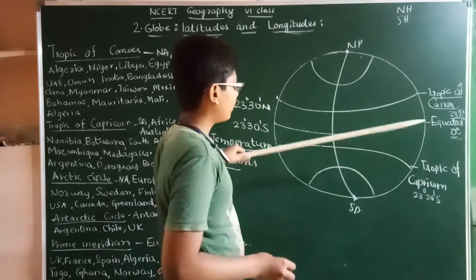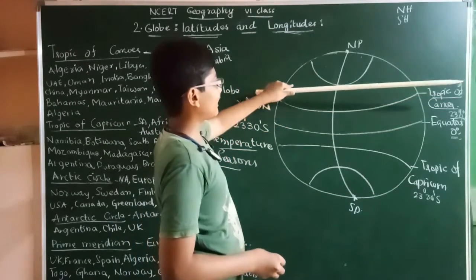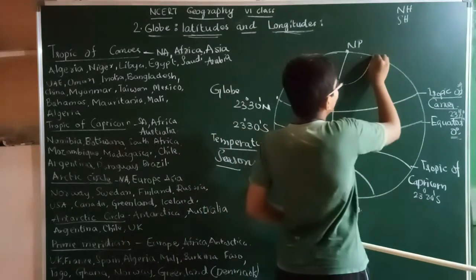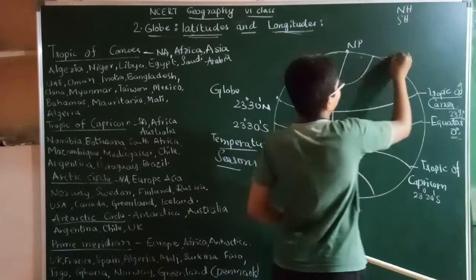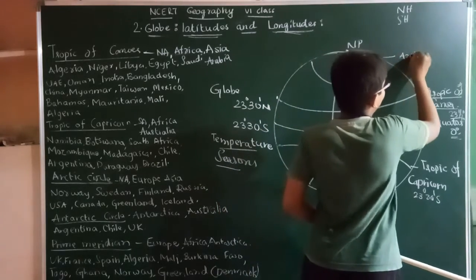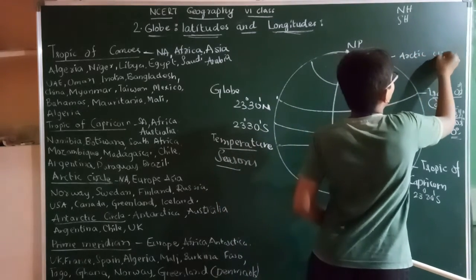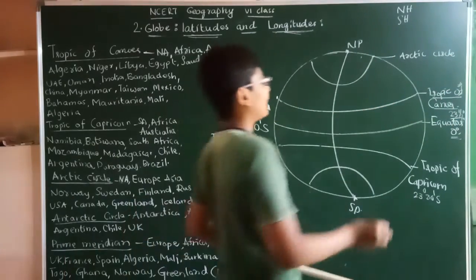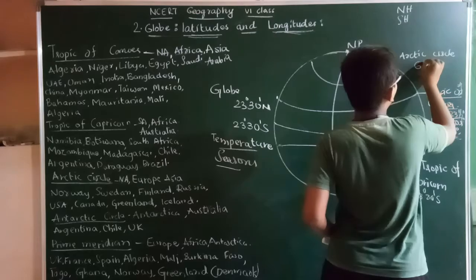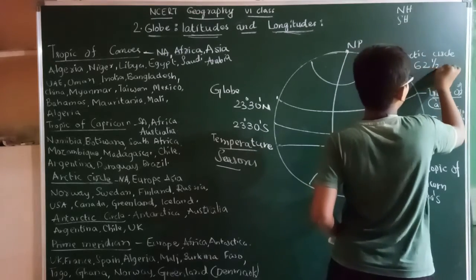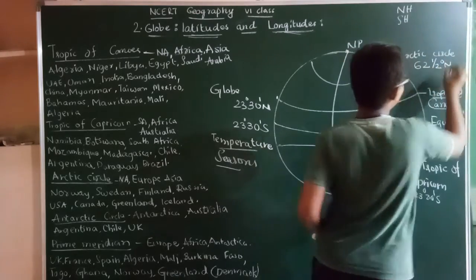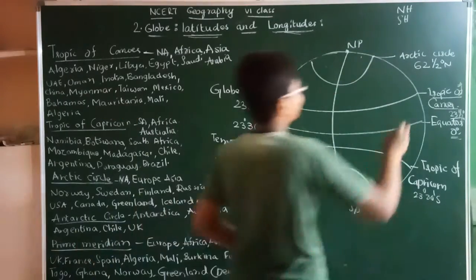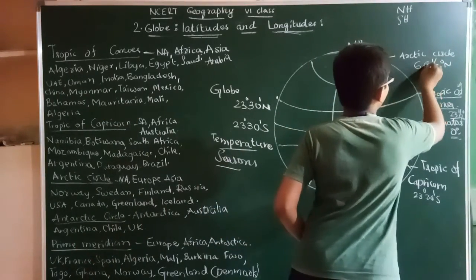Now there is another important latitude above the Equator, which we call the Arctic Circle. The Arctic Circle is 66.5 degrees north.